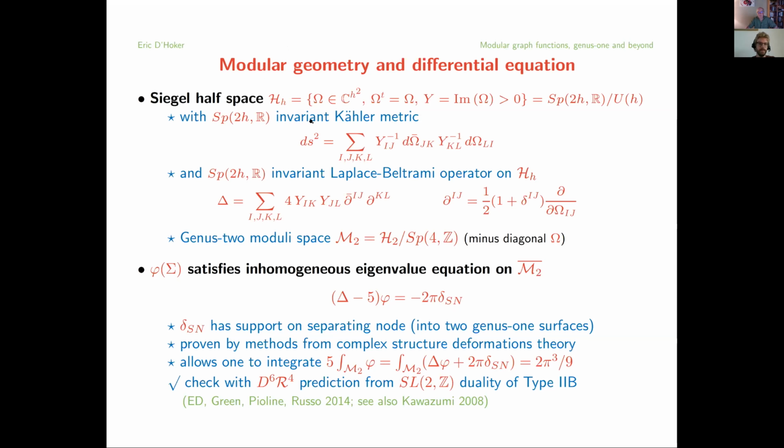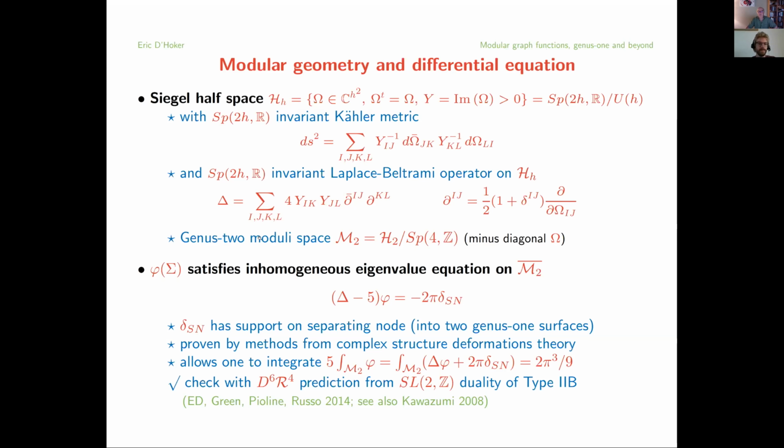This space carries an invariant Kähler metric, which I wrote down here, where Y is the imaginary part of omega. And given this Kähler metric, there is in fact an invariant Laplace-Beltrami operator as well, which I wrote down here.